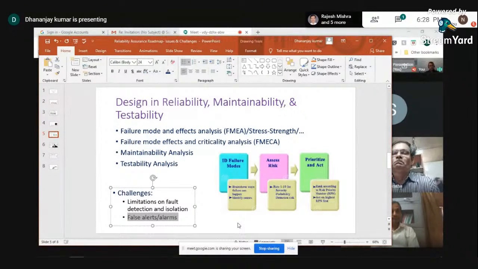Normally, the commercial industry expects up to 5% false alerts or false alarms. But the fault detection should be above 95%, and especially for the critical failures that will fail the missions. Like in many fighter planes, they want critical failures to be at least 100% detected. And fault isolation can go up to 98% or 95%.